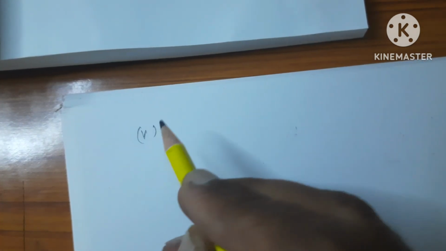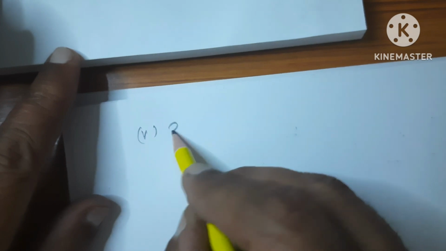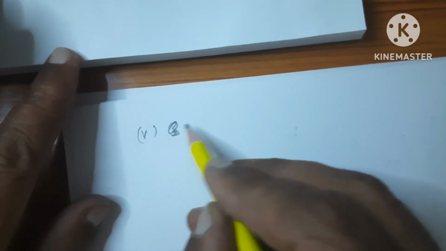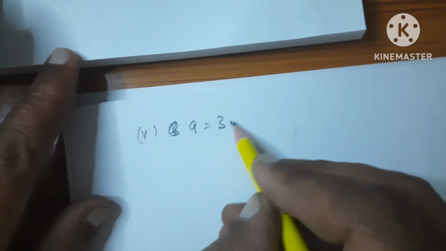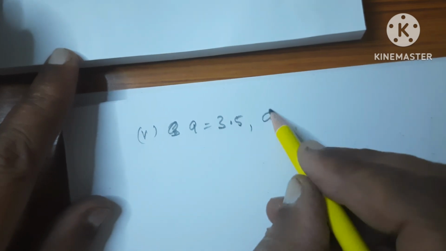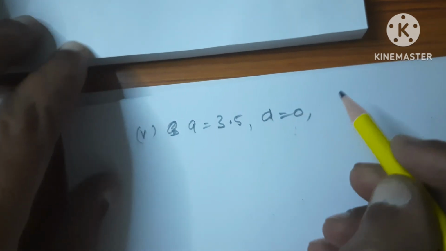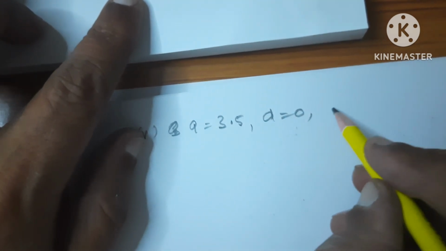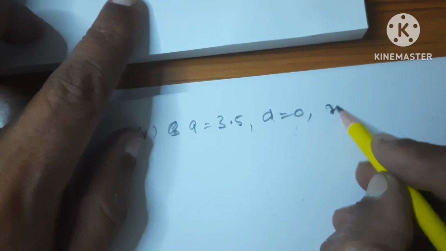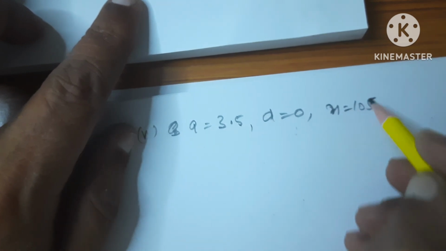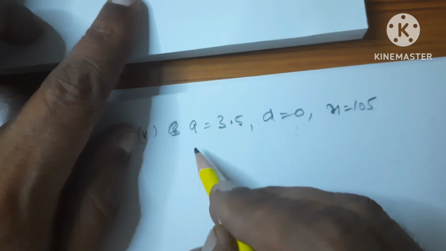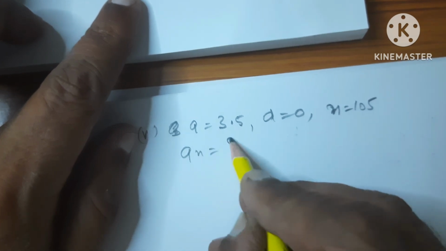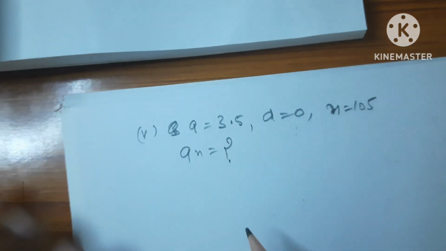Let us do the fifth part also. Fifth part is a is equal to 3.5, d is equal to 0, n is equal to 105, and an we want to find out.